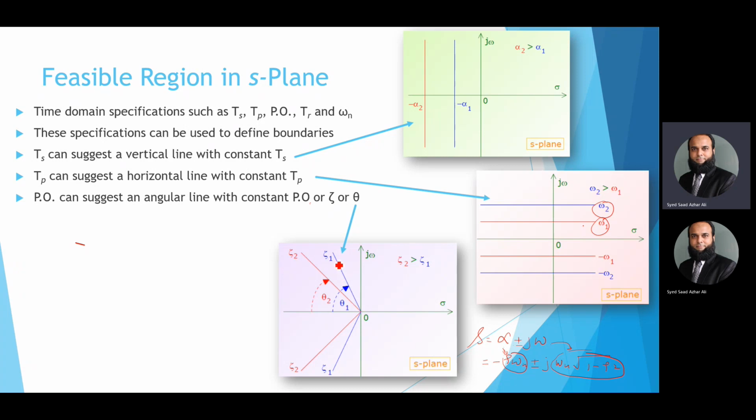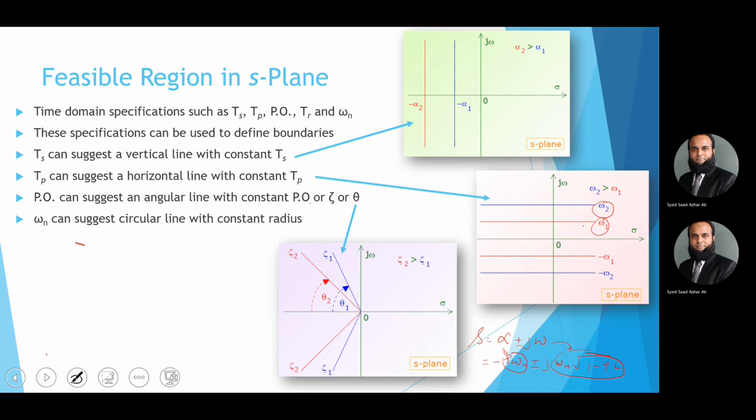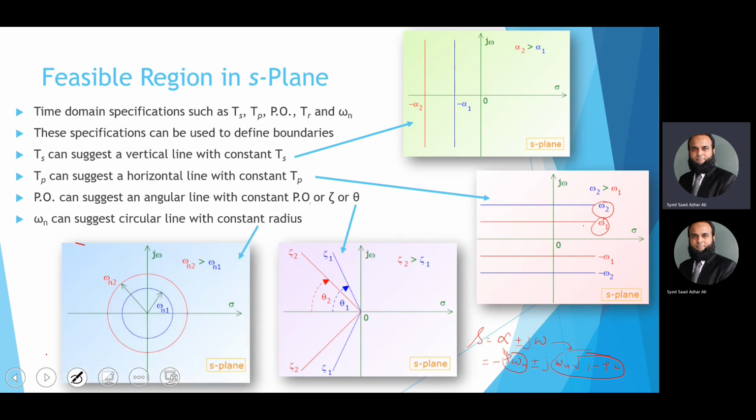Similarly, on the blue line, the angle is the same, the zeta is the same, and percentage overshoot for that particular angle is the same. Similarly, omega n can suggest circular lines, like this one. I hope it's a bit clear now.